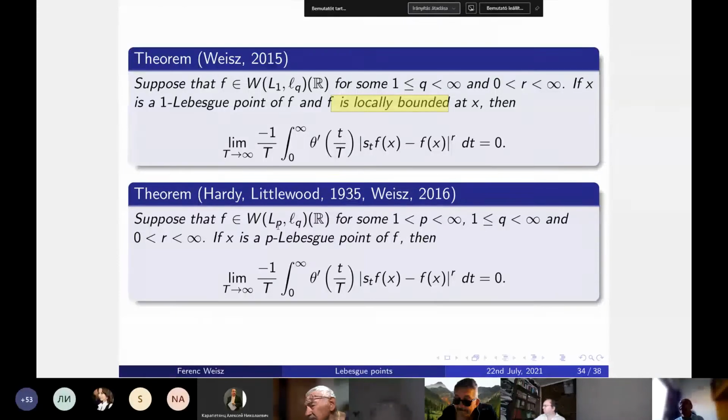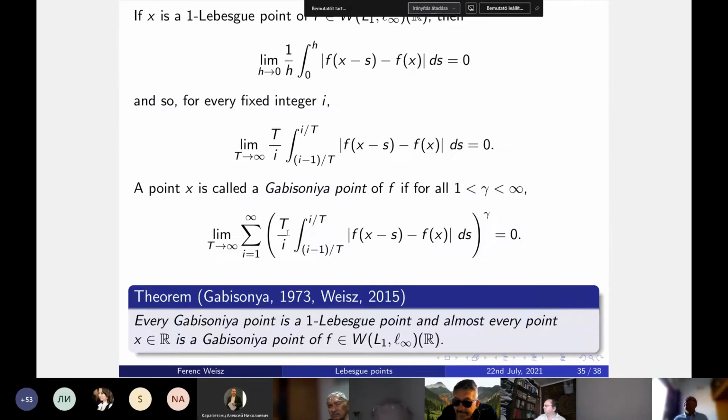But what is the case? Do we have any results for p equal to 1? Almost everywhere results. I said the convergence is not true for all Lebesgue points. So, okay, if x is a one Lebesgue point, then the limit of this integral is 0.